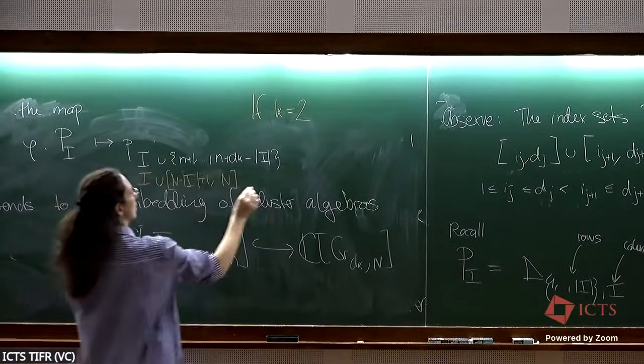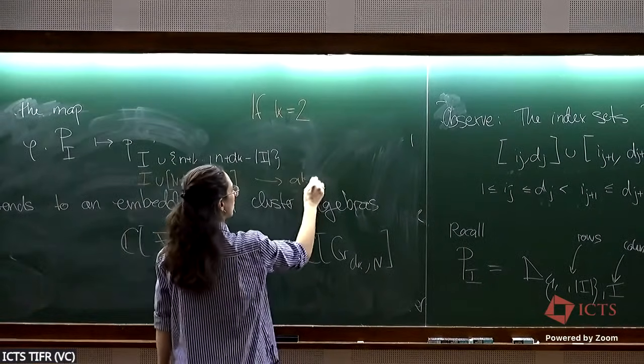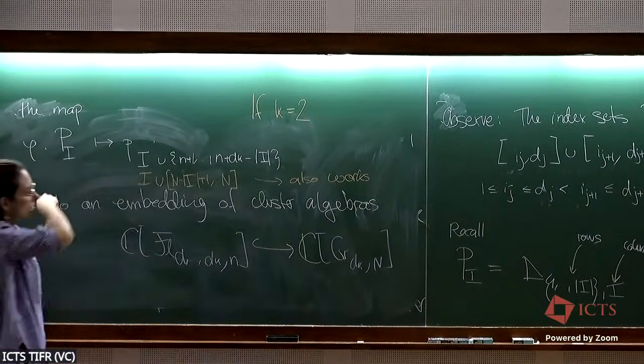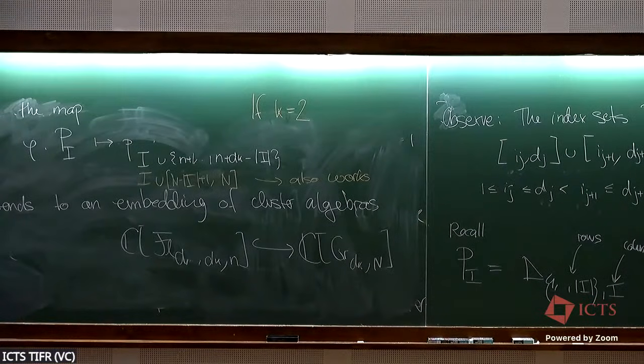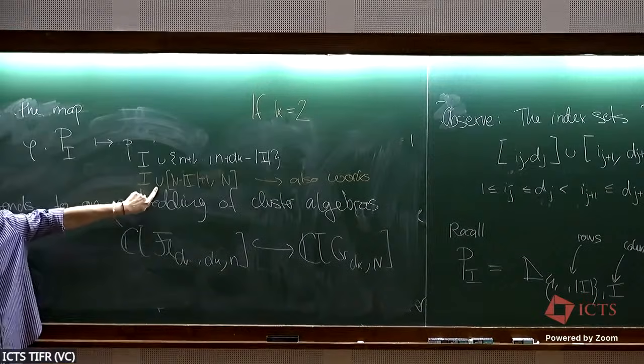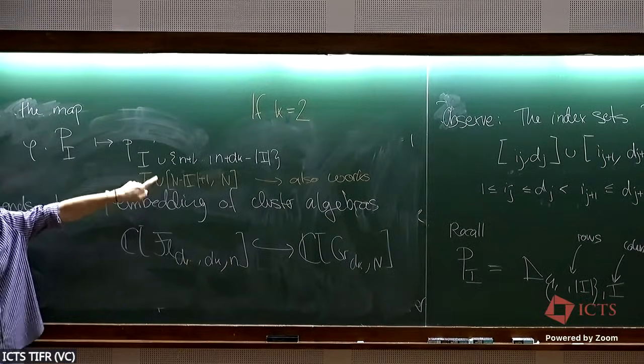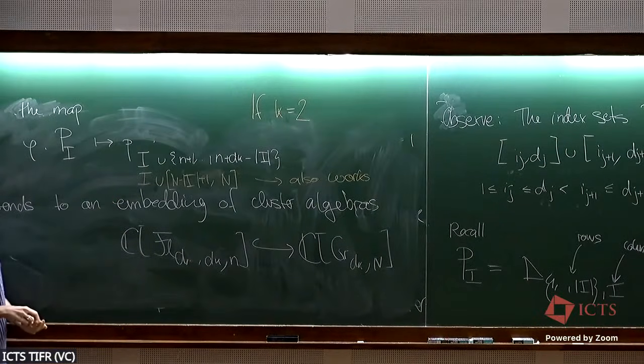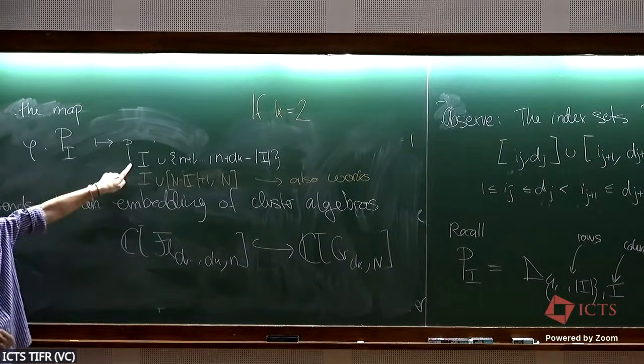Then this also works. And I think my student worked on the case of 3-step flags with this embedding, and it still works. But combinatorially, this one is nicer. And maybe it's also not hard to see why.